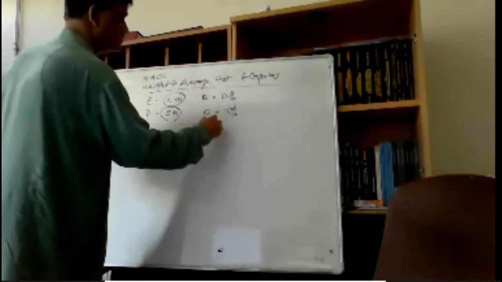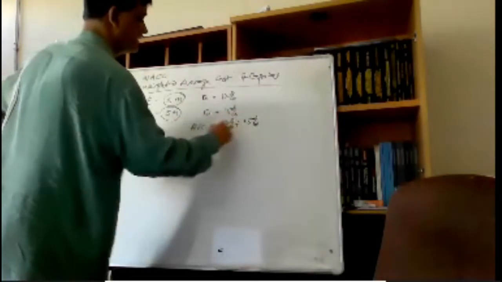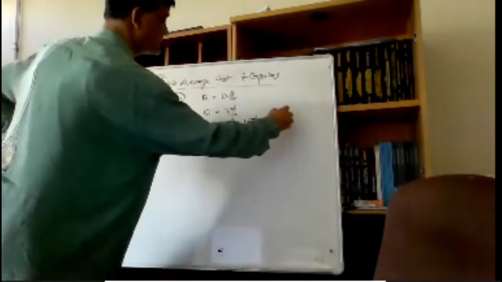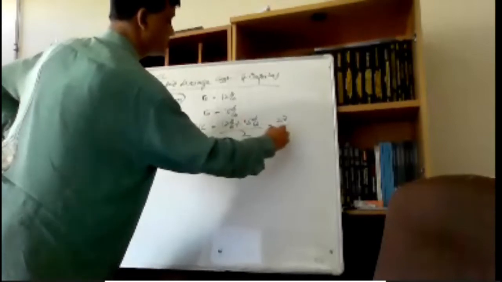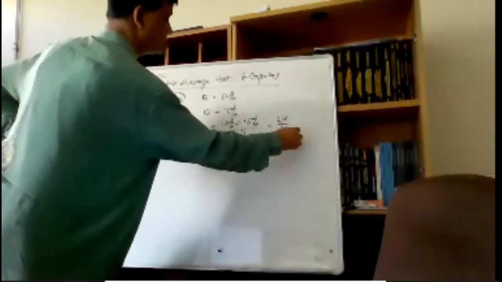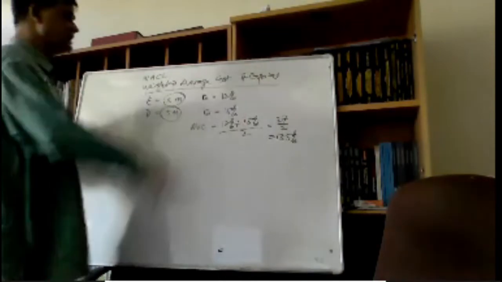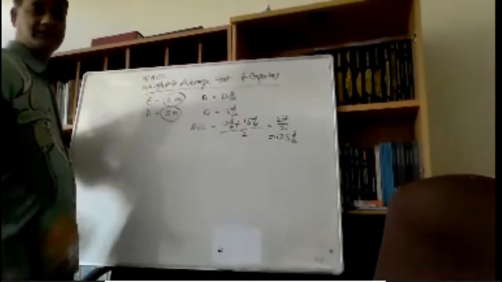So you have 12% plus 15% divided by 2. So it's 27%, 27 by 2, so it's 13.5%. If we have this kind of situation, then the question of calculating weighted average cost of capital doesn't come in.